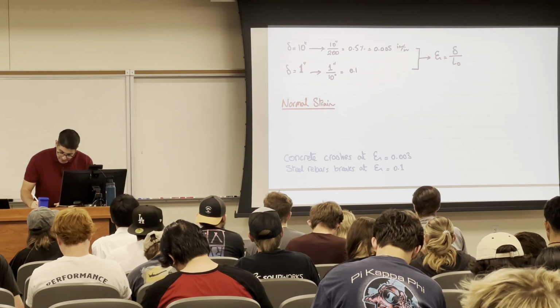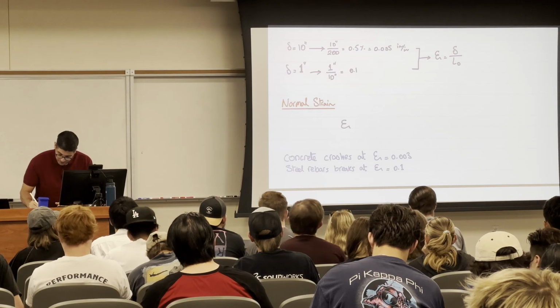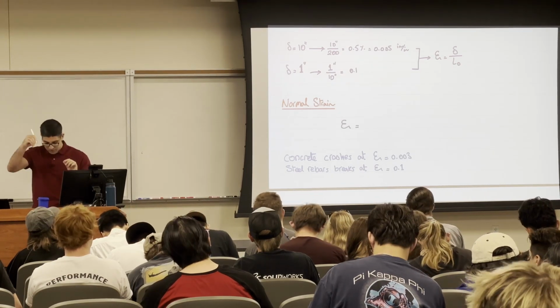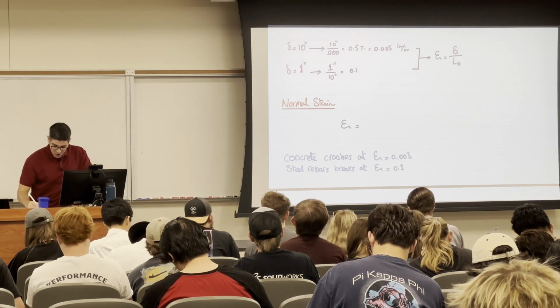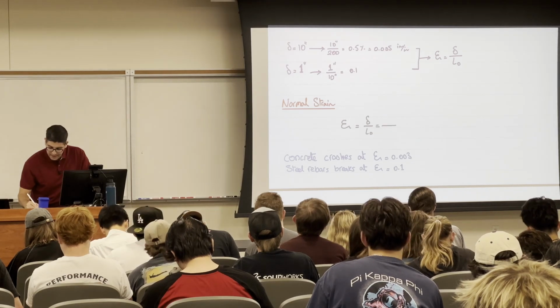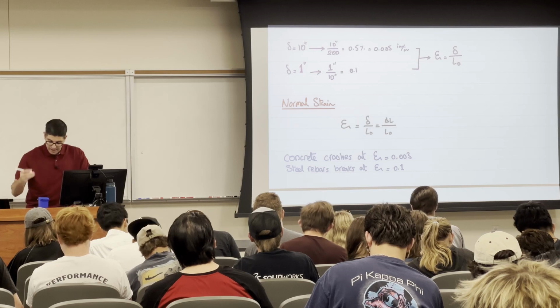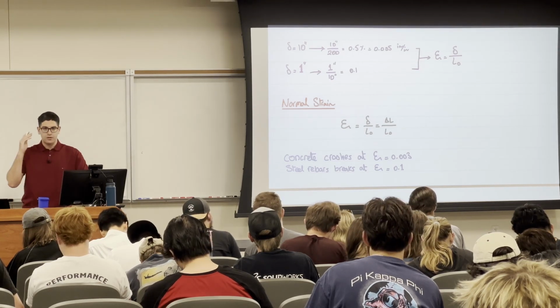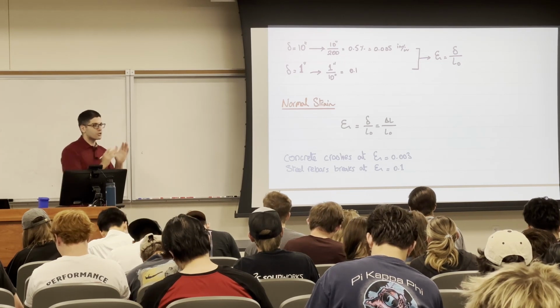So the equation for that is epsilon equals delta over L naught, or delta L over L naught. You can use L naught, L initial, or L, but you understand that this L is the original length.